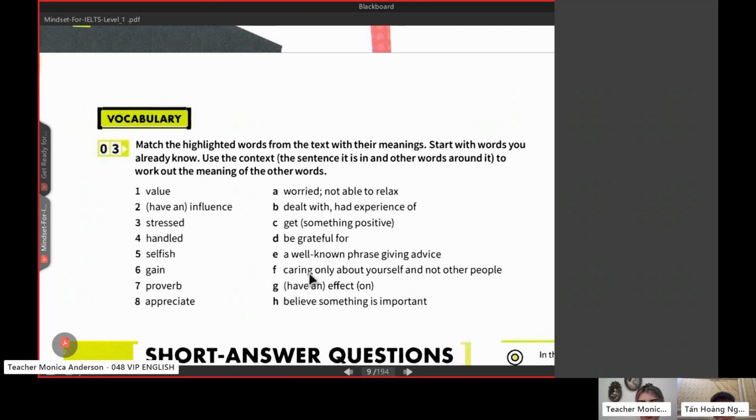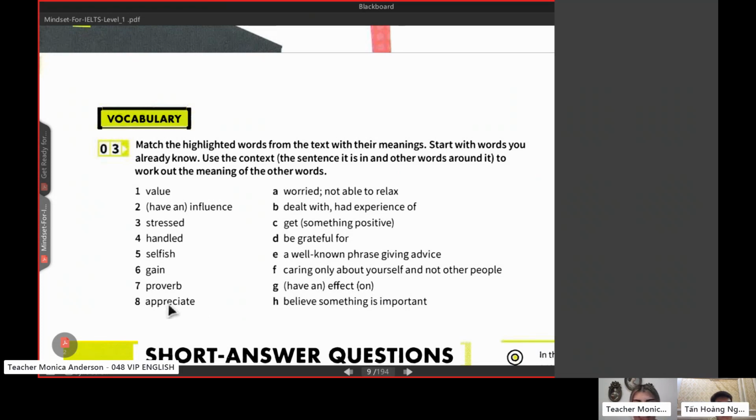I think D. Be grateful for. Selfish means you only think about yourself. F, self-centered. Yes, of course. Very good. Gain. C. Okay, very good. Proverb. E, of course, very good.